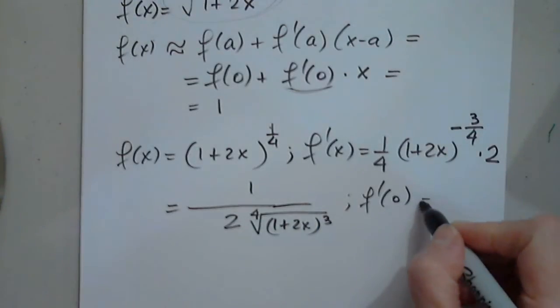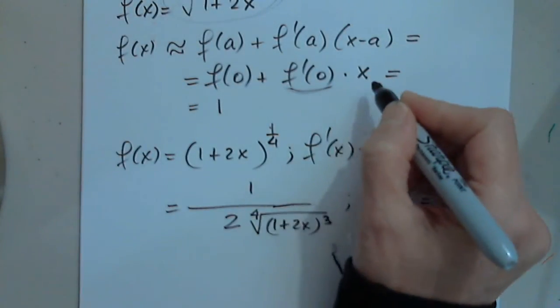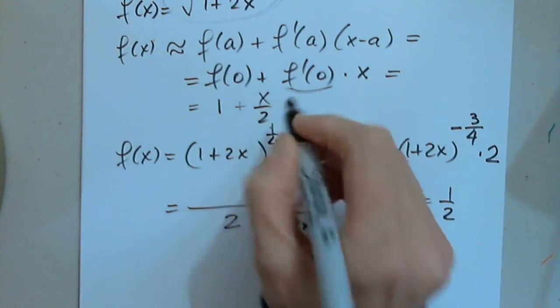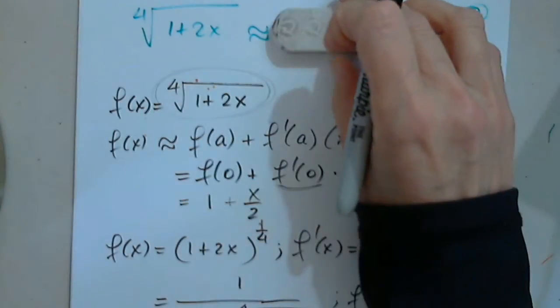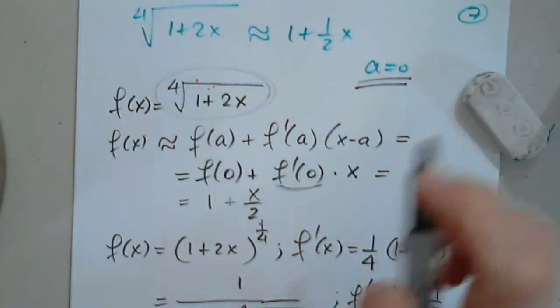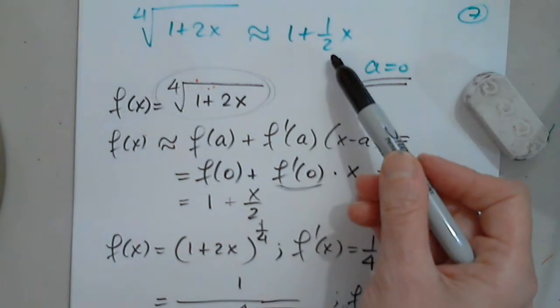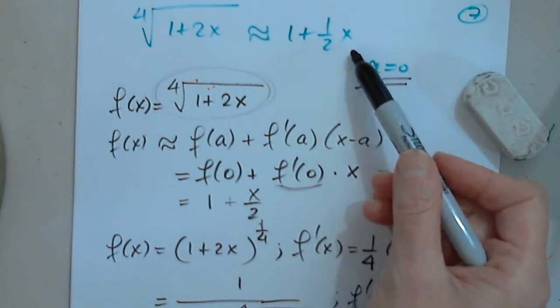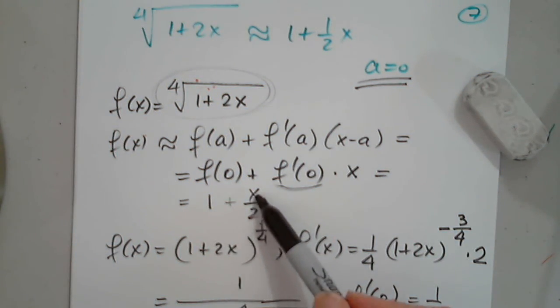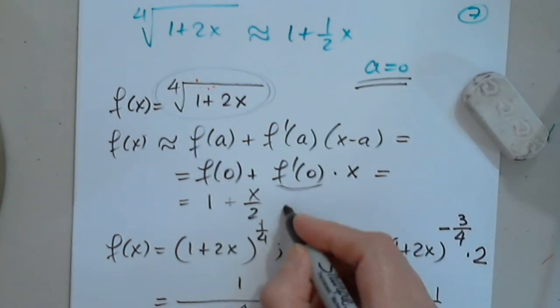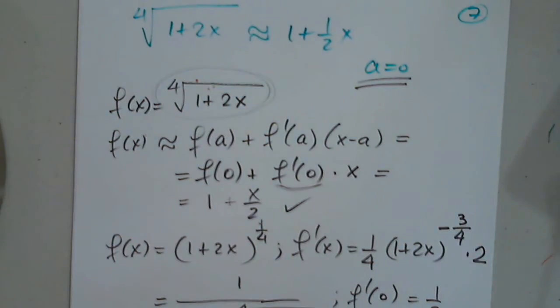So this is 1/2 times x. So plus x over 2. Now, correct. It's 1 plus 1/2 x and 1 plus half x, the same thing. Good. So we verified that that was correct.